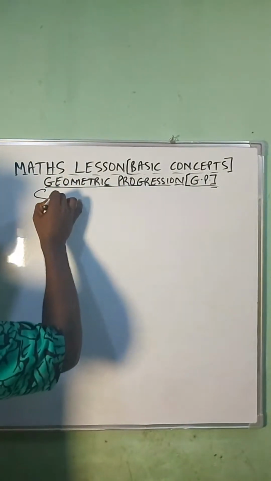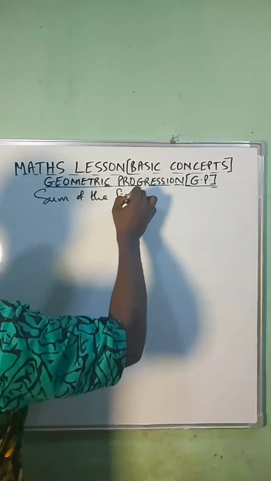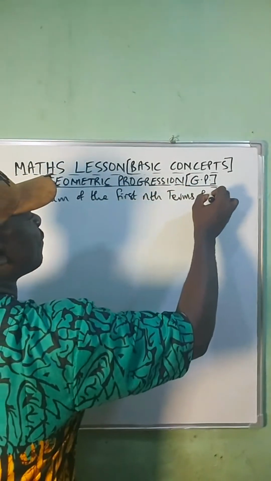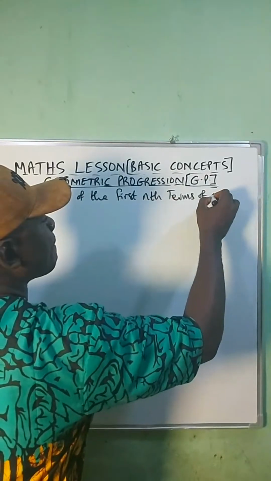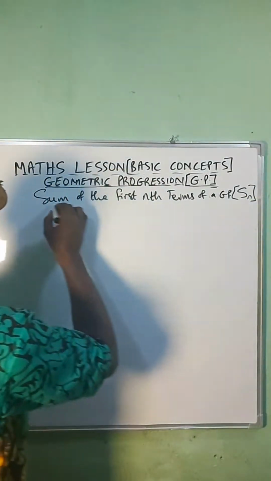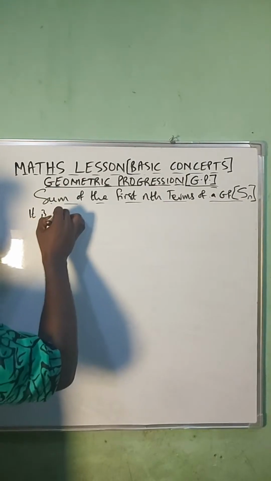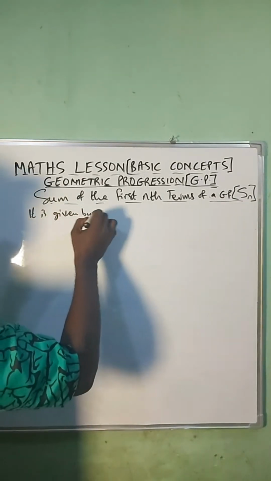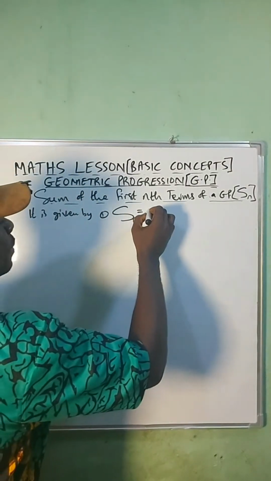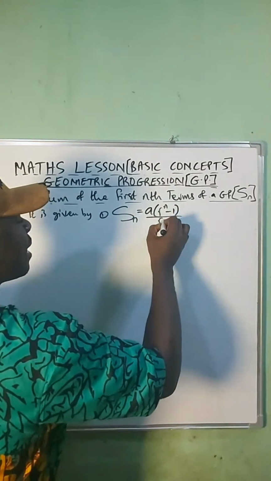Then we'll have the sum of the first n terms of a GP. It is given by: the sum of the first n terms will be a into r to the power n minus 1, all over r minus 1.